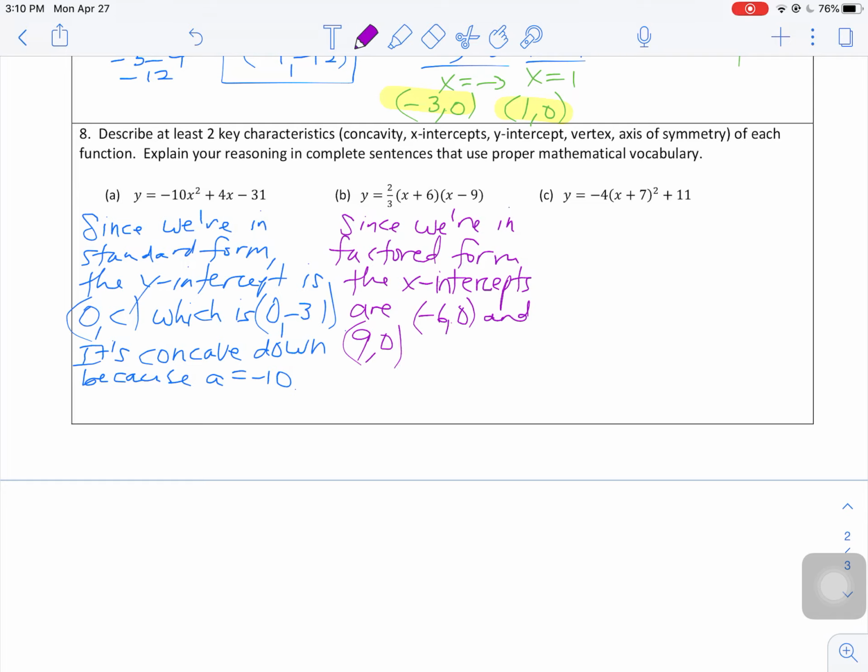Because your x-intercepts are your r values, and the r values are the opposites of the numbers in the parentheses. And then concavity, of course, is the other thing that's always easy to find. So it's concave up because a is 2/3. So anything positive makes it concave up.